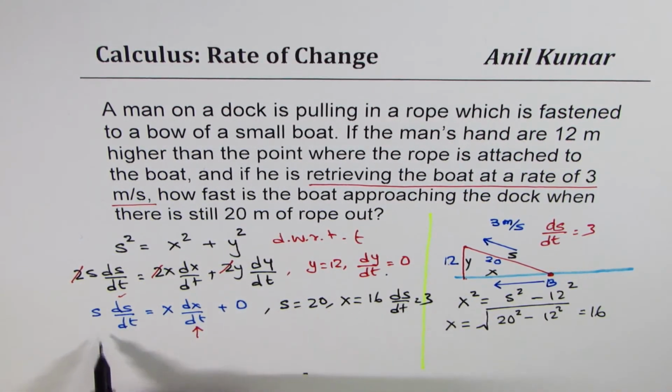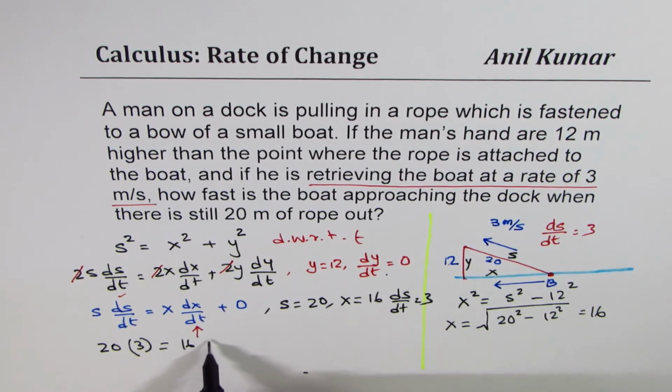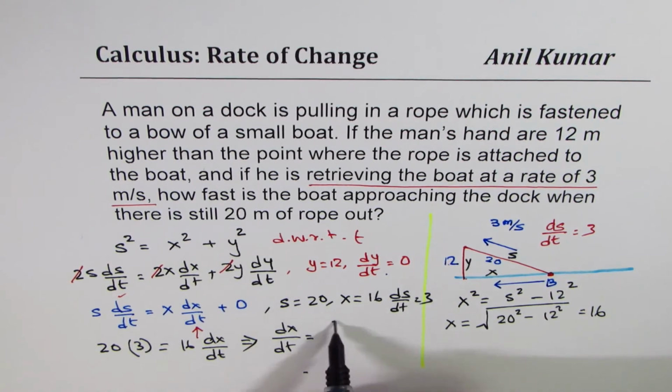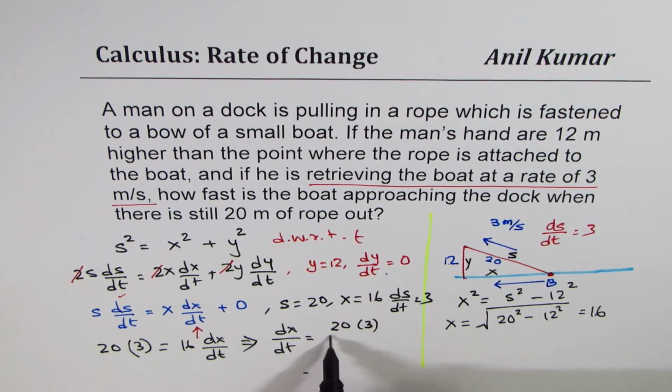So we can write 20 times 3 equals x, which is 16, times dx/dt, correct? And that gives us dx/dt as equal to 20 times 3 divided by 16.